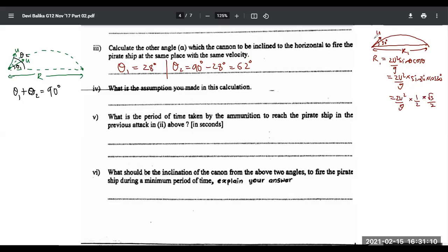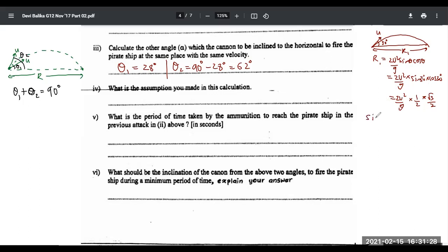And if the angle is 60, it will become sine 60 cos 60. Sine 60 is root 3 by 2, cos 60 is half. So it is going to be the same number, root 3 by 2 into half and half into root 3 by 2. This part is going to be the same.